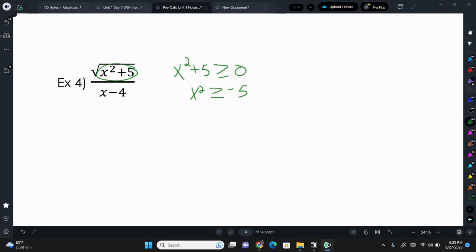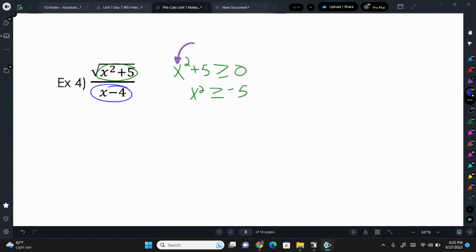So even though we have an even root in the numerator, when we set up our inequality, we see that there are no domain restrictions for that because the solution for this is all real numbers. No matter what number I plug in for x right here, when I square it and add 5, it's always going to be bigger than 0. So luckily for us, the numerator has no restrictions.